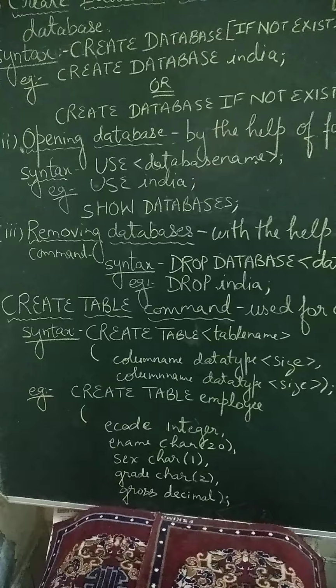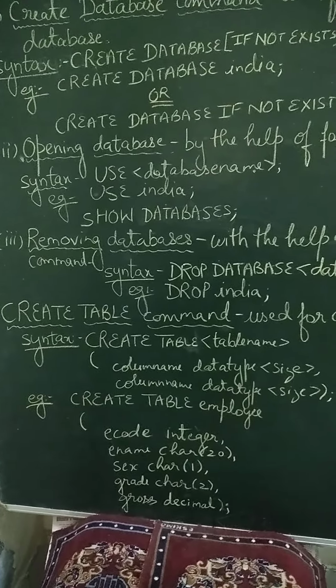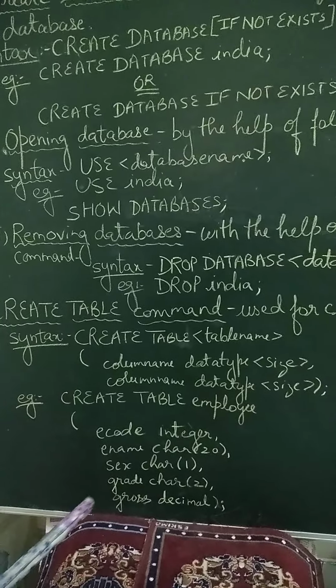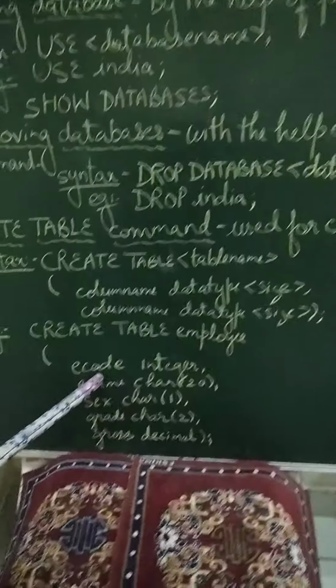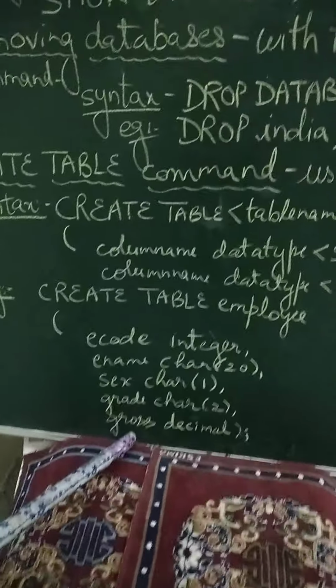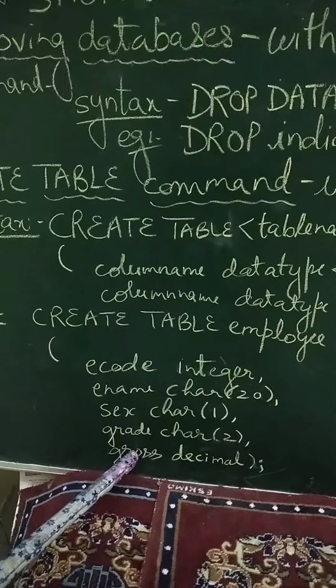Suppose we want to create an employee table whose schema contains the following fields: e-code, e-name, sex, grade and gross. Okay?